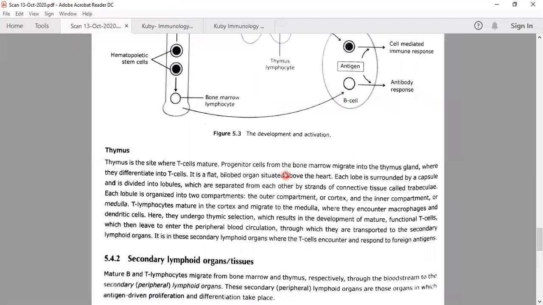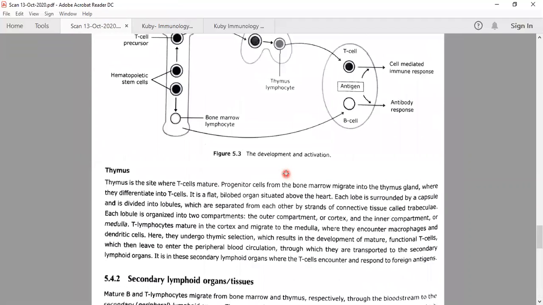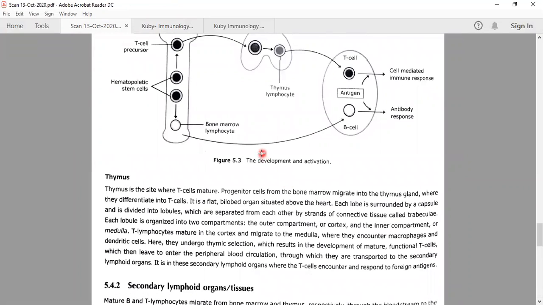So today we have covered the secondary lymphoid organs. We have covered the spleen and MALT. We also have discussed a little bit of gut associated lymphoid tissue, which is called Peyer's patches.